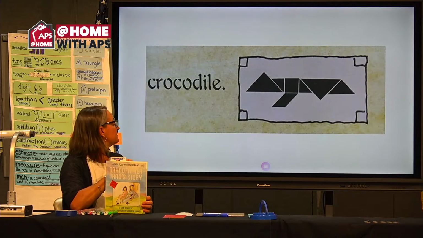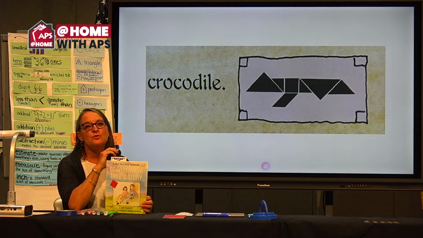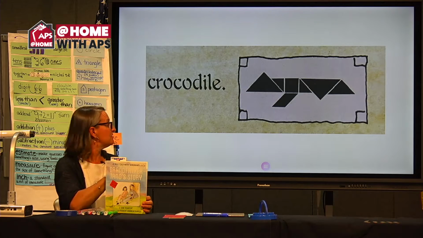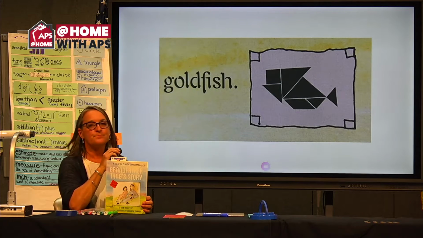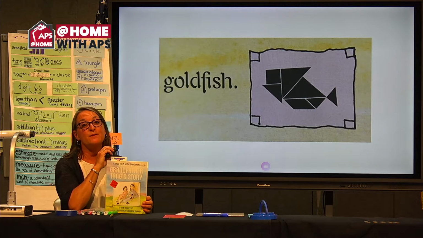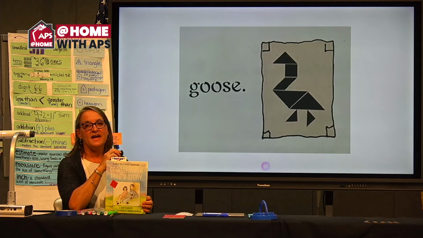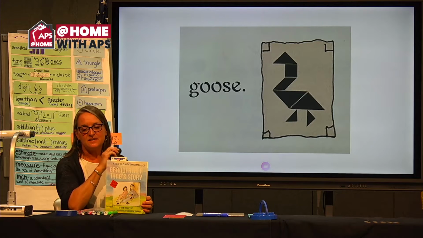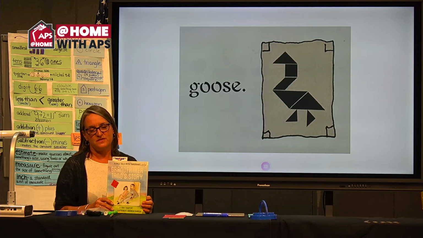Oops, went too fast on that one. A crocodile who got into the river to try to catch the turtle. A goldfish who was able to swim away from the crocodile. And finally, the last thing we saw was one of the fox fairies turned into a goose and was flying away. And that's where we stopped the story.